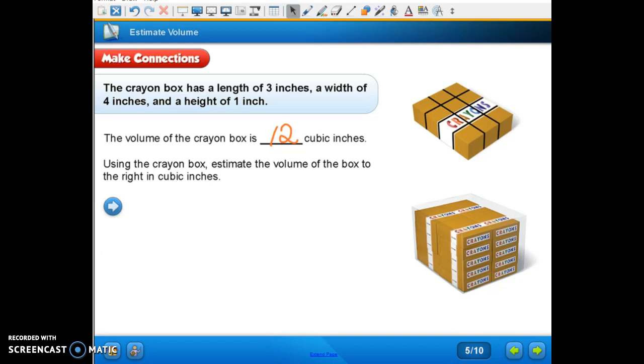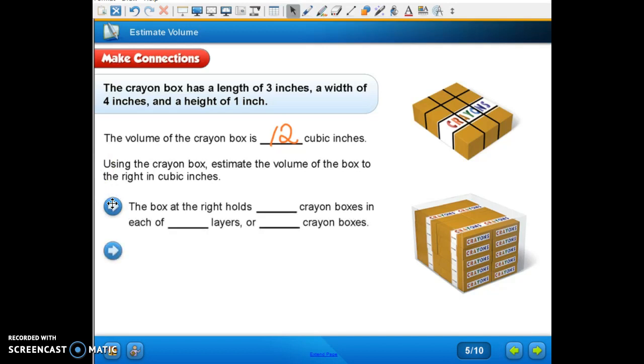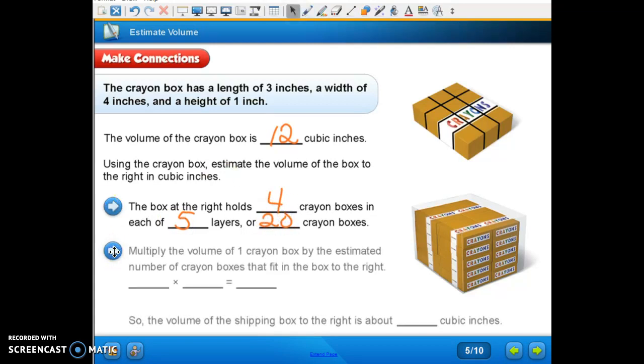So 4 times 5 is how many? 20. 20 crayon boxes, and each crayon box is 12 cubic inches. So the box at the right holds 4 crayon boxes in each of 5 layers, or 20 crayon boxes.